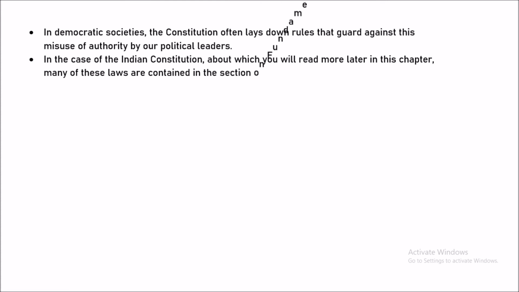Nobody is above the law of the land, and it gives guidelines for the rulers as well as for the political leaders. In the case of the Indian Constitution, about which we will be reading more in the coming chapters, many of the laws are contained in the section on fundamental rights.